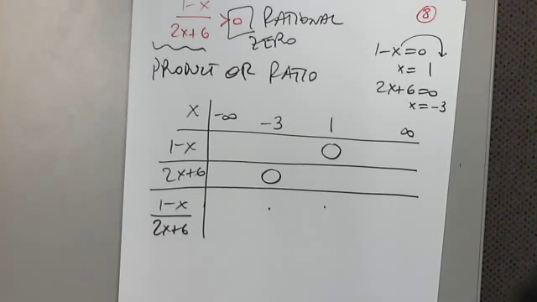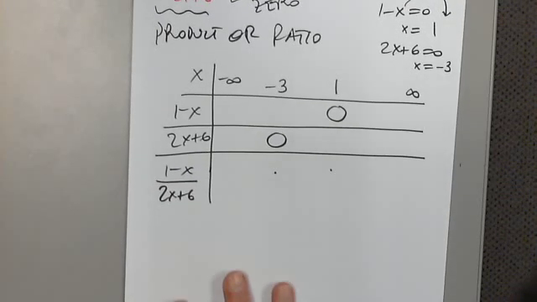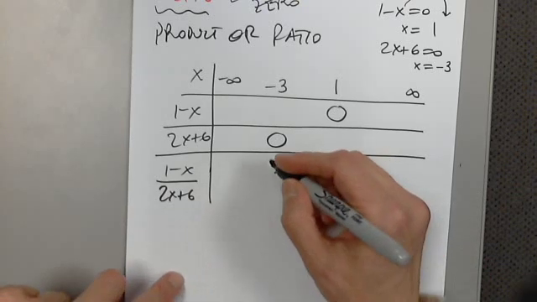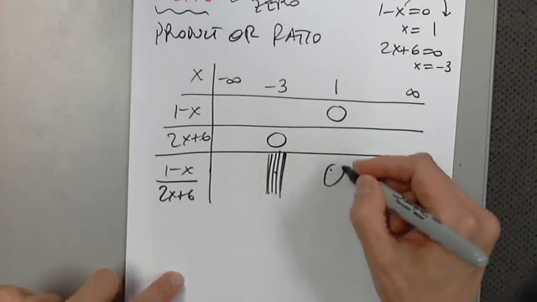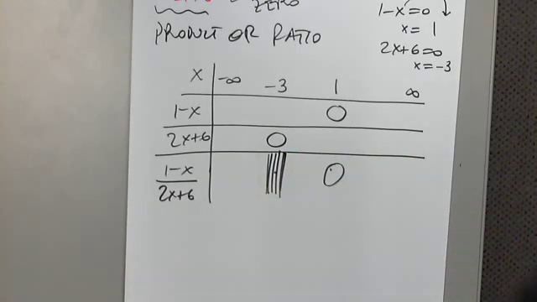Careful. It's a ratio. That's right. Undefined. Where? Very good. Indeed, when denominator is 0, the fraction is undefined. When the numerator is 0, the fraction is 0. Very good. Awesome.